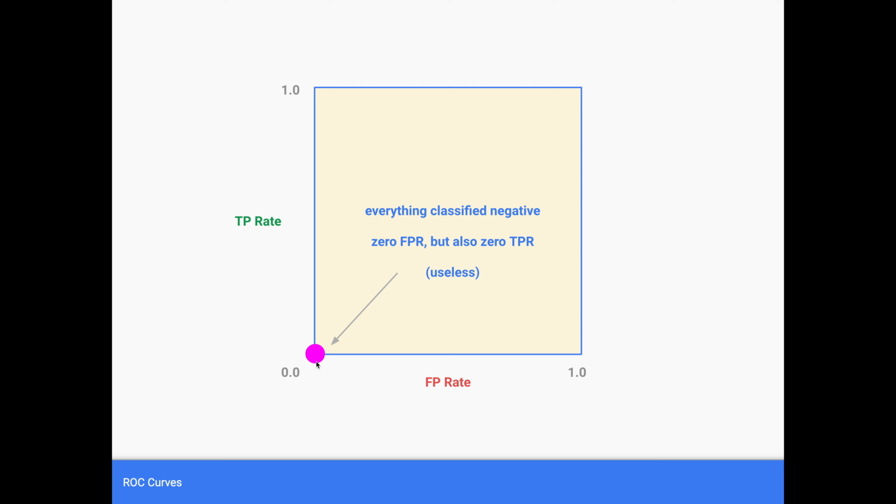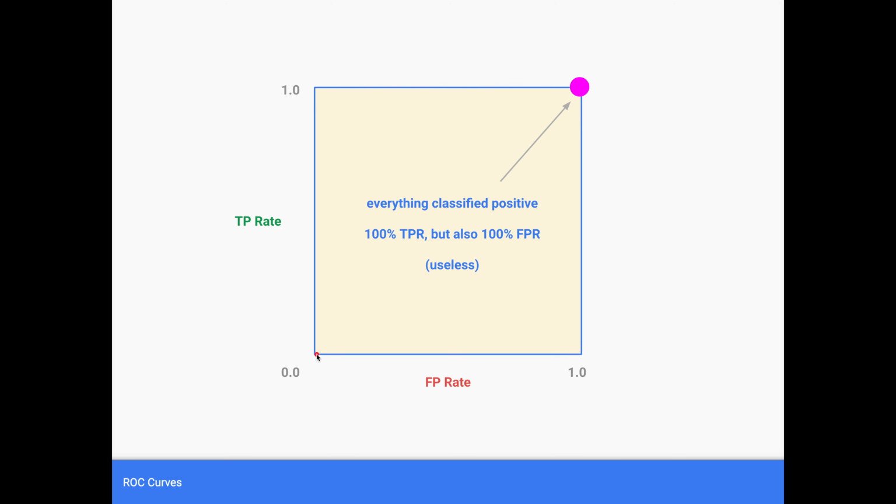Because it classifies everything negative, there won't be any positives. So it has no false positives, which sounds good. But because everything's negative, there won't be any true positives either. So it's at 0, 0. It's useless.